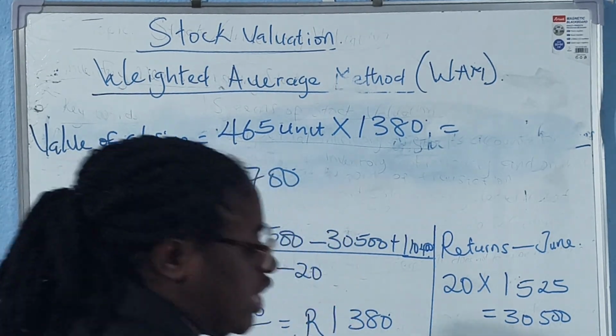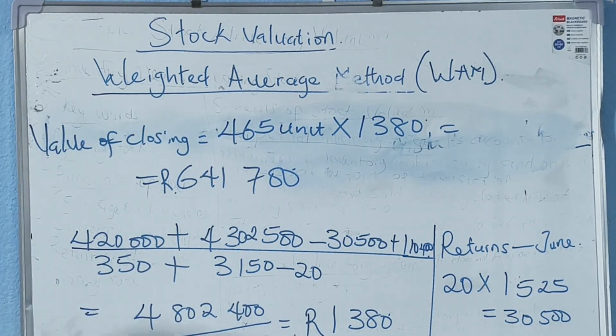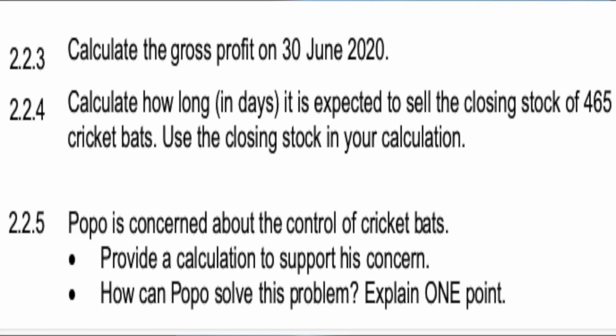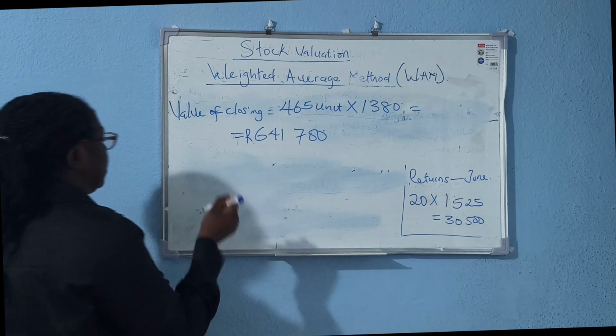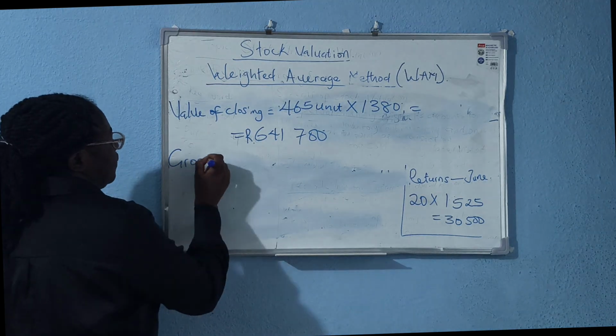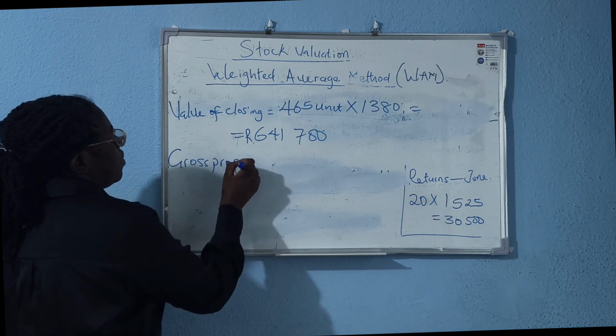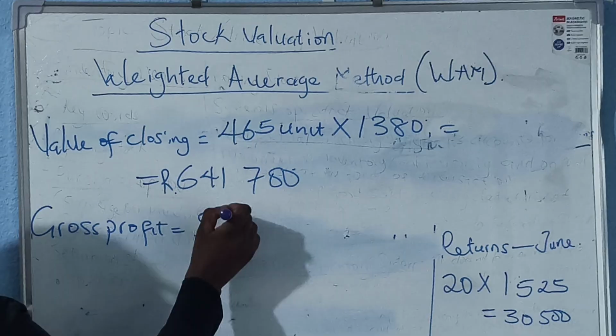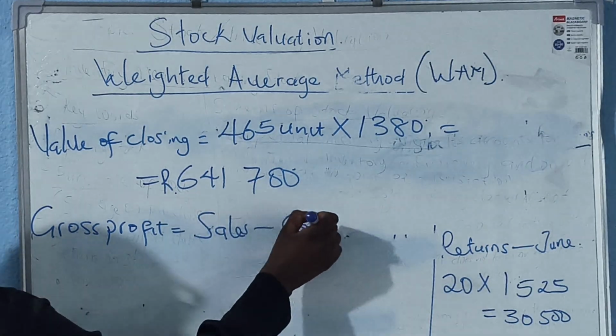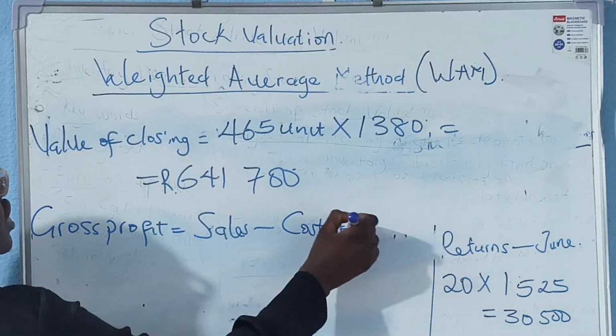Now, the next question is asking us to calculate our gross profit. Remember, learners, that your gross profit is your sales minus your cost of sales.